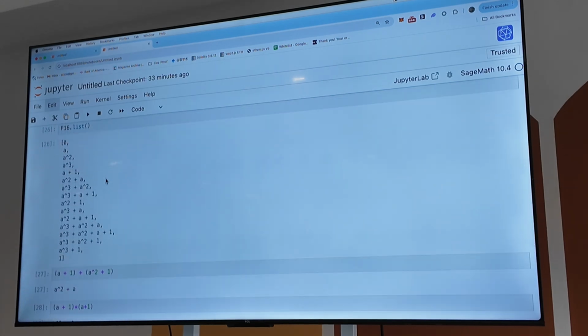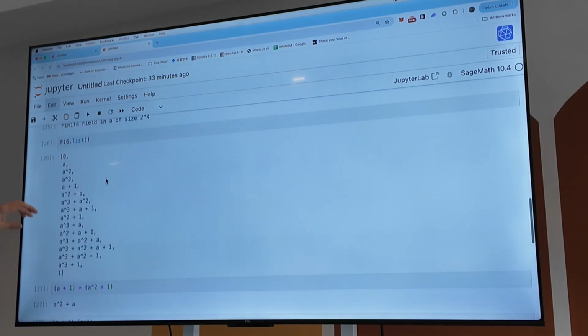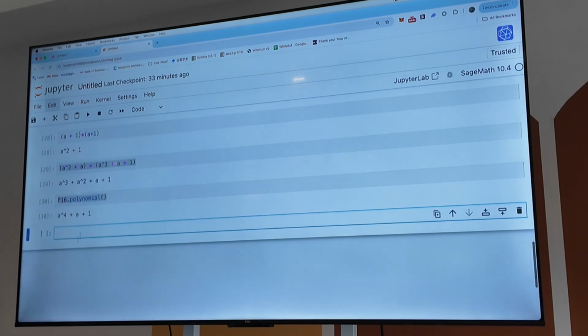So now let's say that all the elements of F16 except 0 form a multiplicative group. Then I can show that we can generate them in range 16.